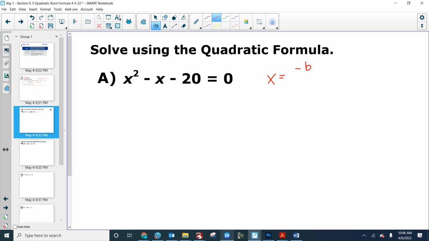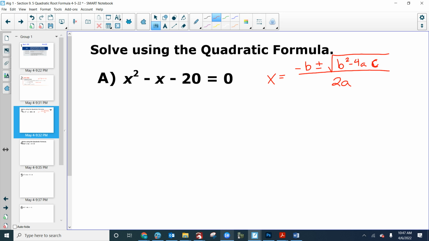Plus or minus. That's another thing you guys missed a lot of. When you took the square root, you had to put plus or minus. The square root of b squared minus 4ac over 2a.